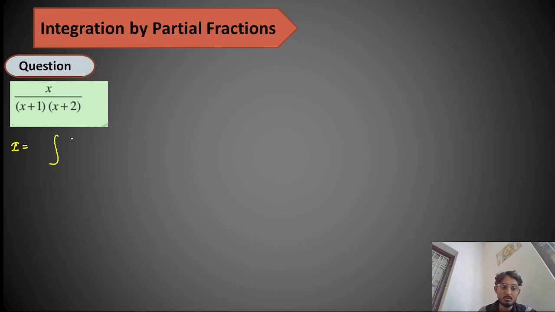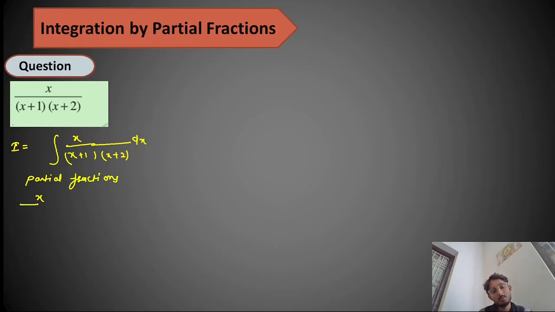I equal to integral of x upon x plus 1 times x plus 2 dx. Use partial fraction because here given x plus 1 is a and x plus 2 is b. So use partial fractions: x upon x plus 1 and x plus 2 you can write as a upon x plus 1 plus b upon x plus 2.